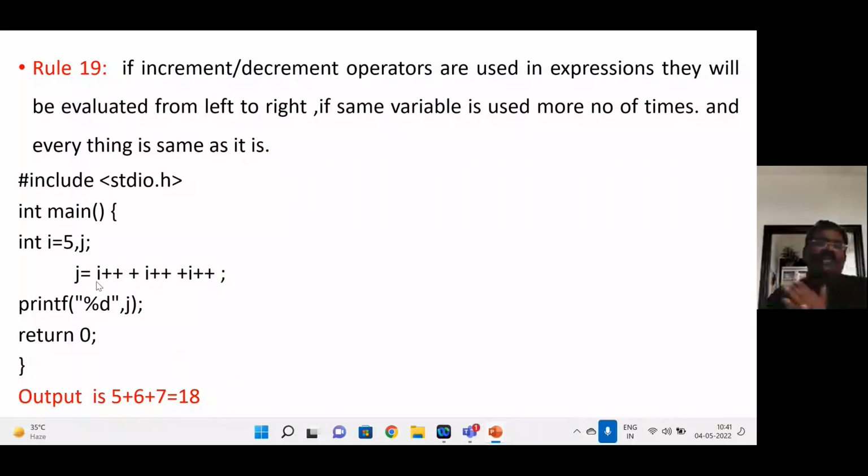Because it is post increment: first the i value is taken, next i is incremented. Here again we are using post increment, so then here it is 6 and there it is 7. Most of the time people will think that it is 6 plus 6 plus 6, equal to 18. But the value should be 5 plus 6 plus 7, equal to 18. The answer is 18, but the evaluation should be like this.